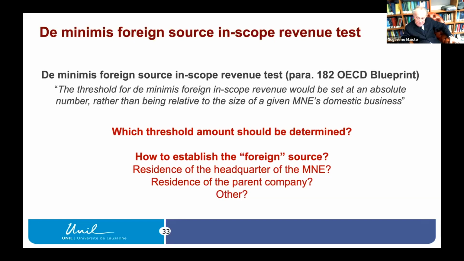But in the example that we have identified for the case study, we had the headquarter in the US and the parent company in the Netherlands. So that is a situation that you may find.